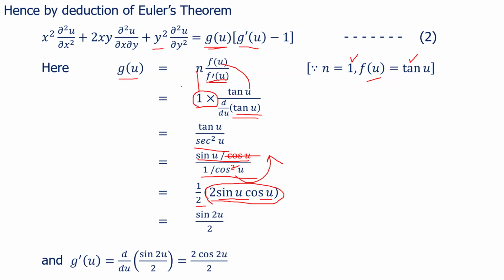Now, let us try to find out the value of g dash of u. So g dash of u is the derivative of sin 2u upon 2. Derivative of sin 2u is 2 cos 2u upon 2, so this 2 and 2 will cancel. We have cos 2u. Now we have to substitute all these values in equation number 2.